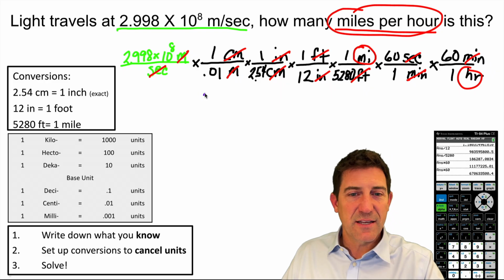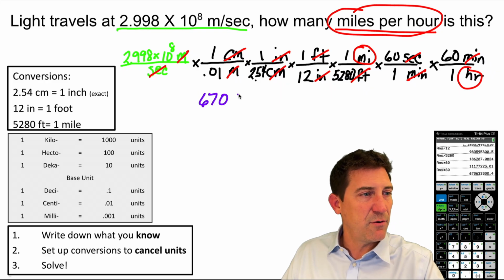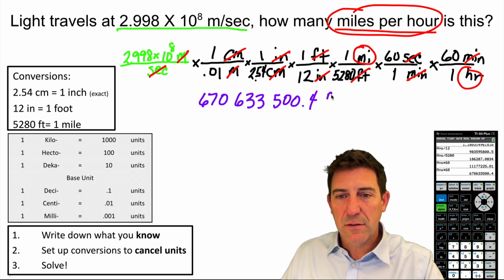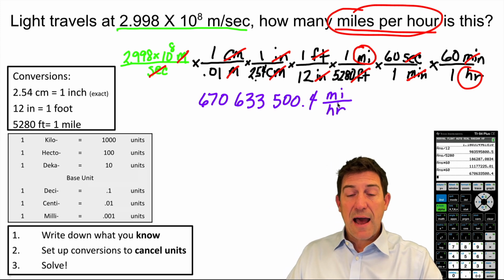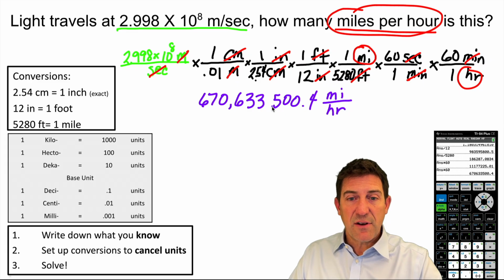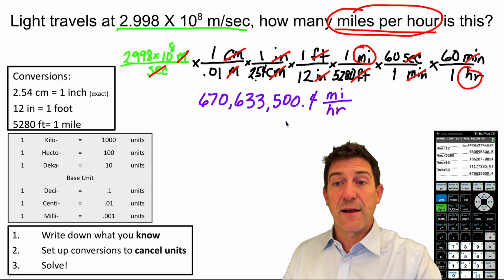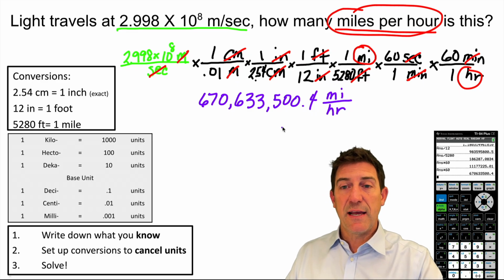My calculator says 670,633,500.4. And what units? Well, I have miles over hours. This means miles per hour. 670,633,500.4 miles per hour is the speed of light.